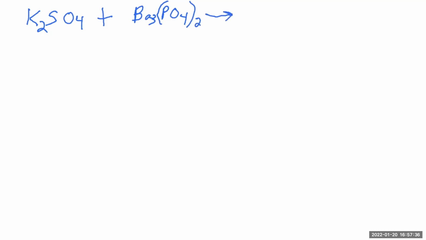Okay, barium phosphate. And what's it going to form? Potassium and barium are metals. So it's going to form potassium combined with what? Potassium phosphate, combined with a phosphate. Perfect.